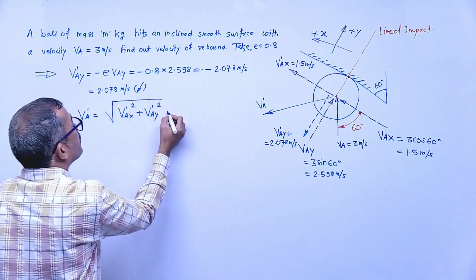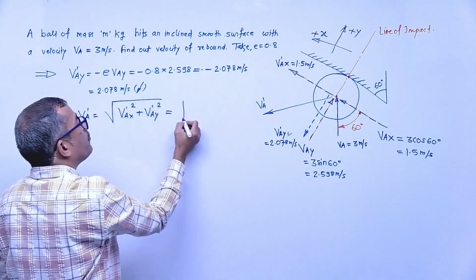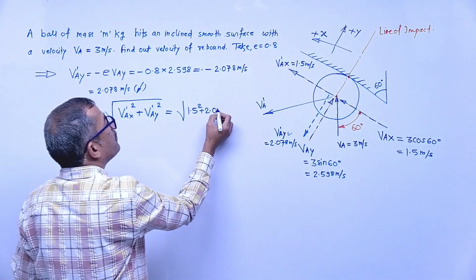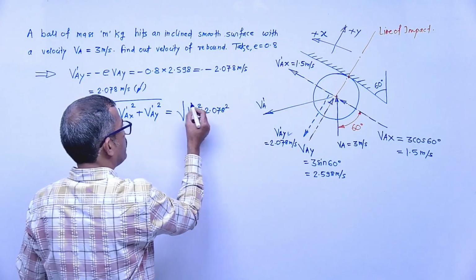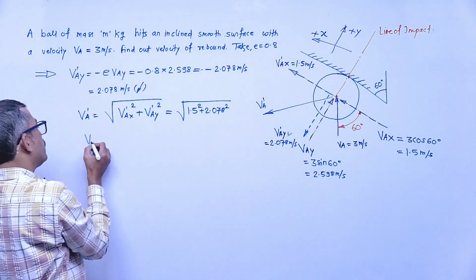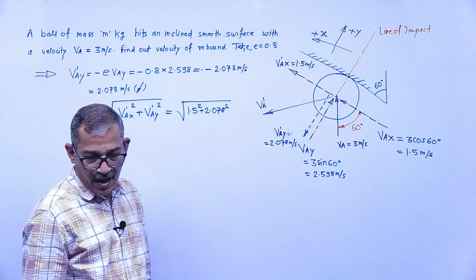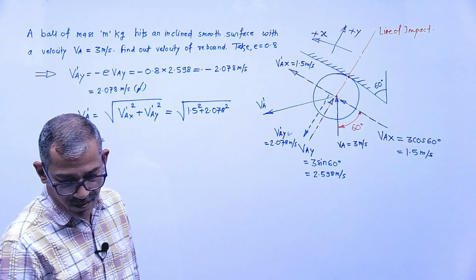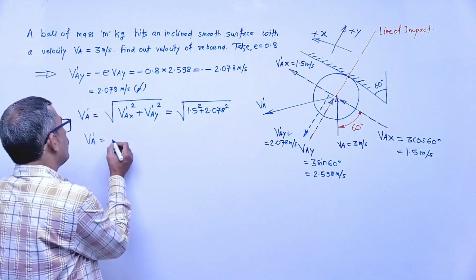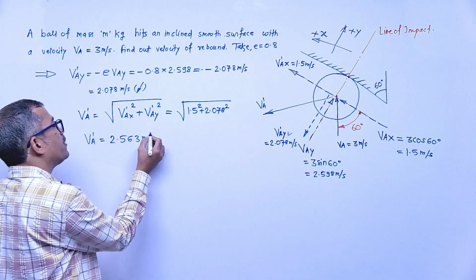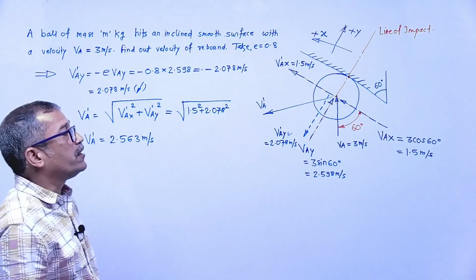Va dash x is 1.5, so 1.5 square plus 2.078 square. How much is Va dash? Just check. Va dash is 2.563 meters per second.